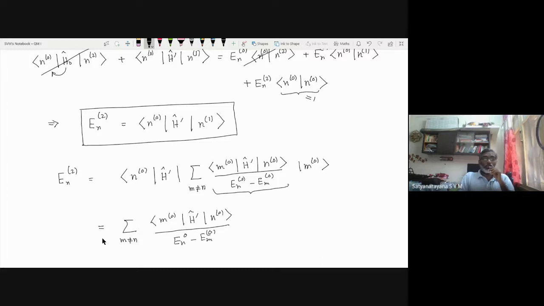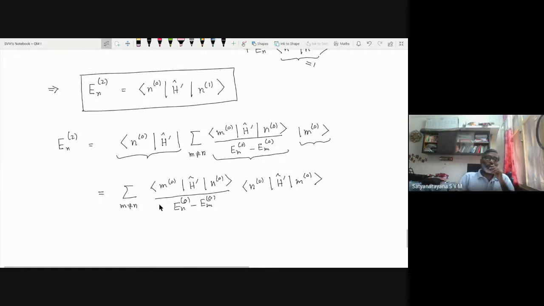Okay, so this entire thing is a constant, and this N0 H prime will directly act on M0. Okay, that is how this is.